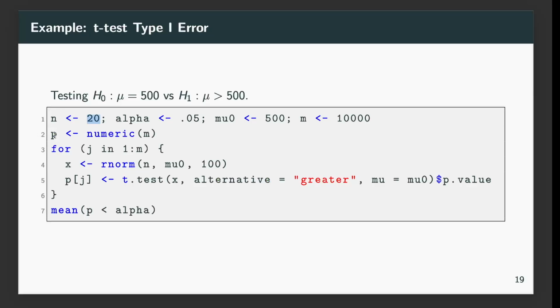We generate an empty vector p, and then we run the loop.